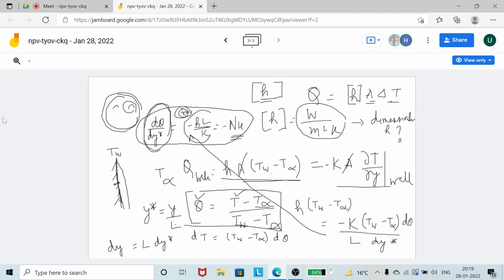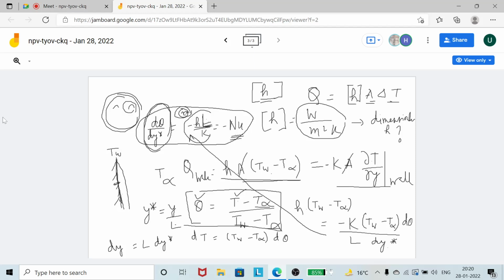Basically Nusselt number is the heat transfer coefficient, non-dimensionalized with respect to L and k. L is D for a circular tube, L is the hydraulic diameter, L can be a length, some kind of characteristic length. So hL by k is the Nusselt number. Is it clear? Yes, sir.